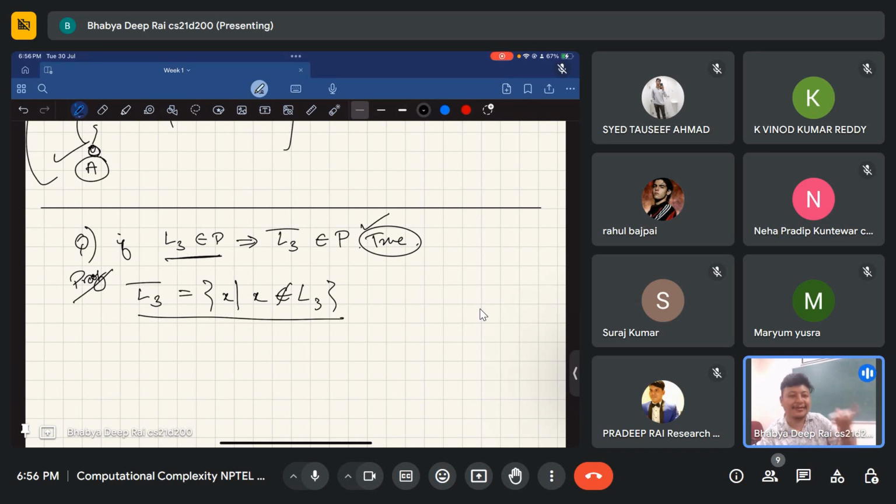This L3 bar is the complement of that set. Not the complement of the Turing machine, but the complement of the language.